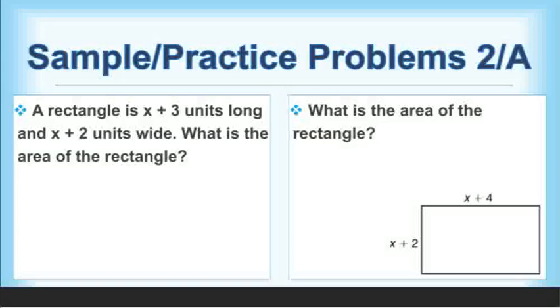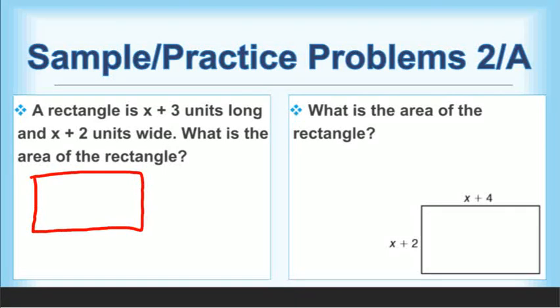Let's take a look at our next example. A rectangle is x plus 3 units long and x plus 2 units wide. What is the area of the rectangle? So again, we could draw a diagram if that helps. We'll draw this diagram, cut this piece right here, cut a piece right down here, and label them. So this top part, we would have x plus 3, and over here we would have x plus 2.